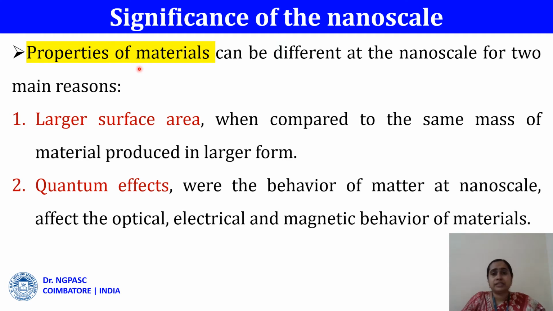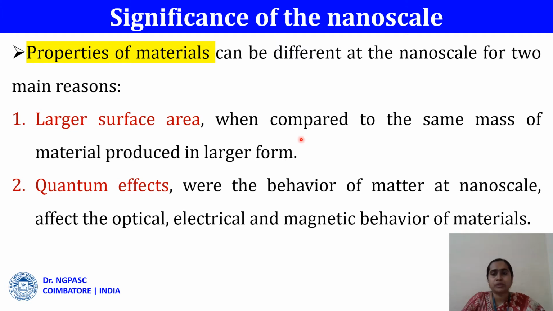The significance of nanoscale is that the properties of the materials are different when compared to the bulk material. The properties of materials are different at the nanoscale because of these two reasons.